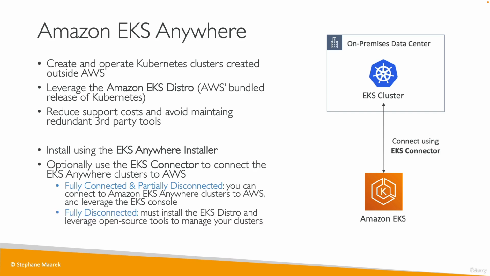The other mode is a fully disconnected mode, in which case we don't have a connection to AWS. We just install the EKS Distro, and then we leverage open source tools on premises to manage our clusters. So this gives you different modes, but nonetheless, with a fully disconnected mode, we can get the benefits of an EKS cluster on premises without having a connection into AWS.